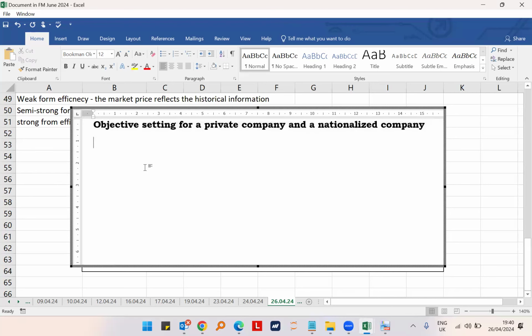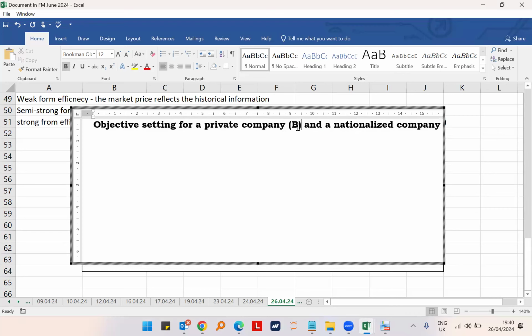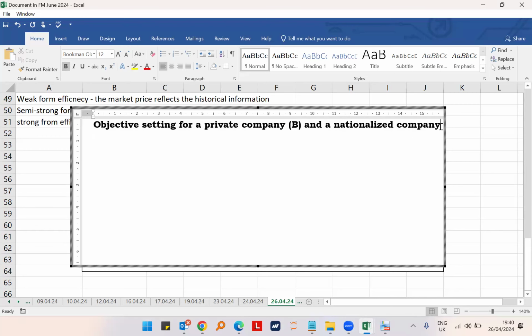Okay. So when you consider a company, now remember, when you're answering, we should not just write it like that and not reference that we have company B, which is private, and company A, or actually country A, which has a nationalized company.